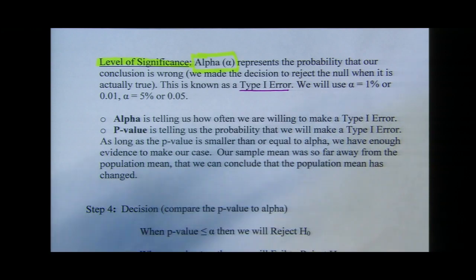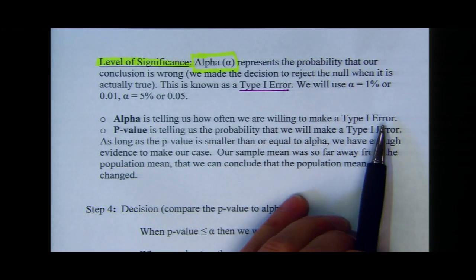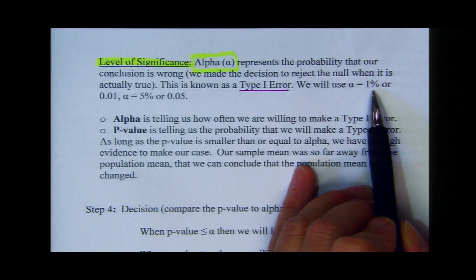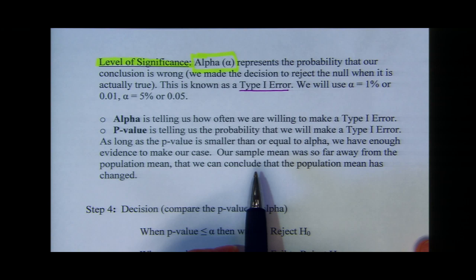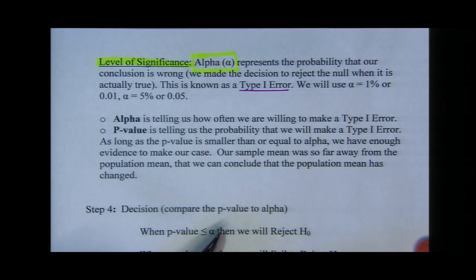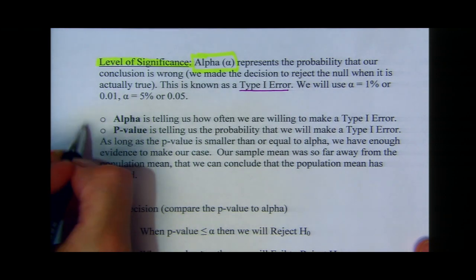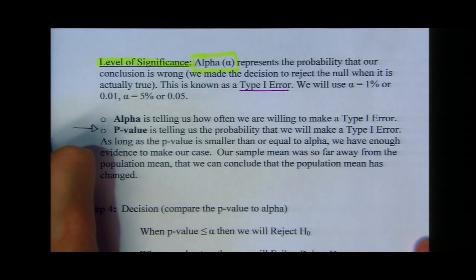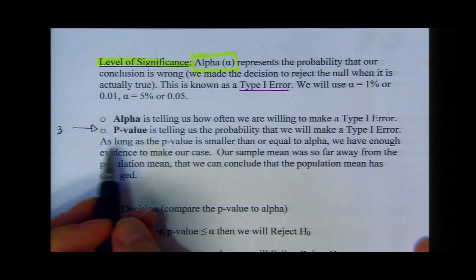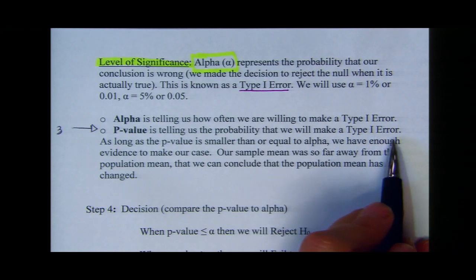So when I'm doing a test, there's always a chance of an error being made. Am I only willing for a mistake being made 1% of the time or 5% of the time? Again, you're not going to have to make that decision. It will be done for you. The p-value is what we calculate in step 3. That's when we use the table. This p-value is telling us the probability that we will make a type 1 error.